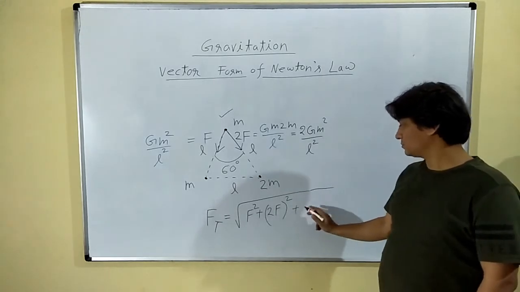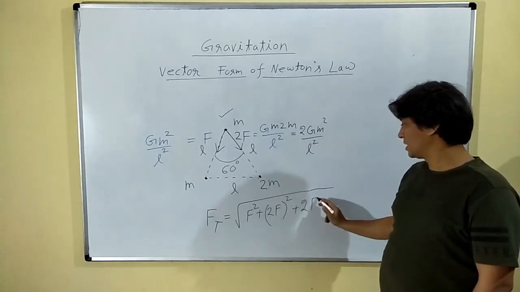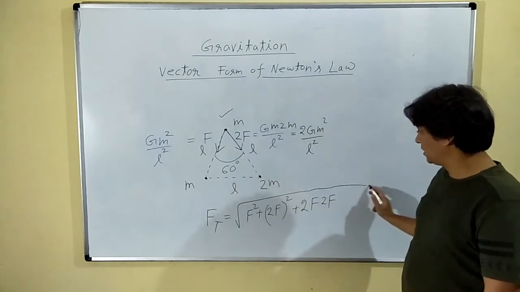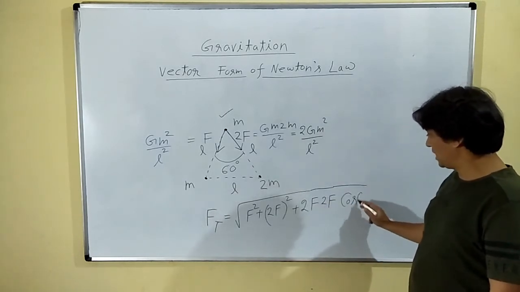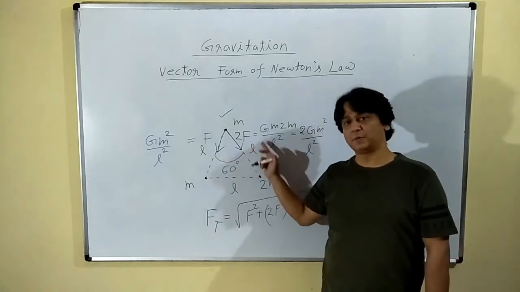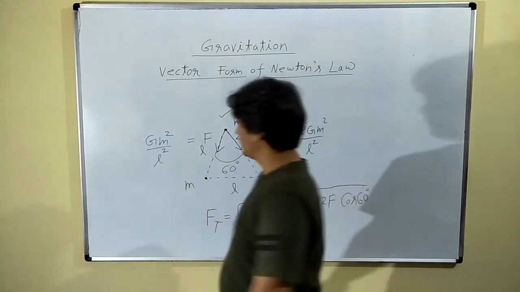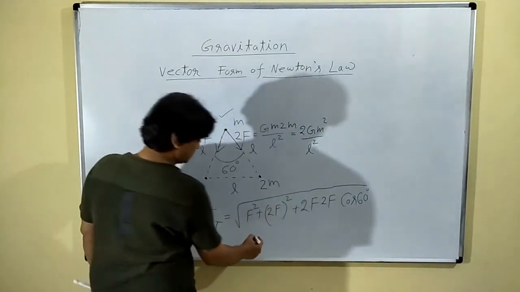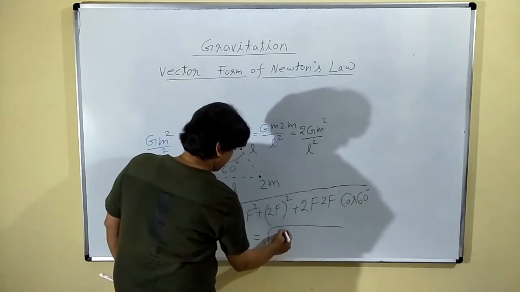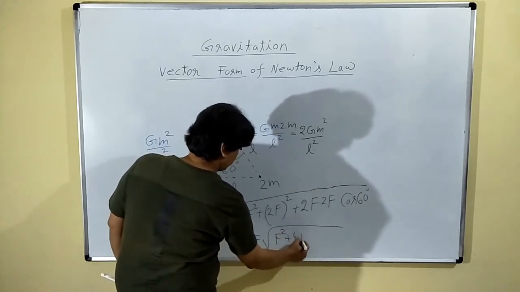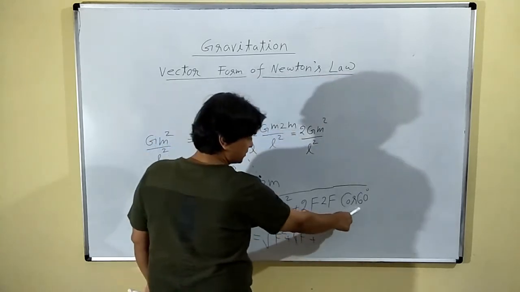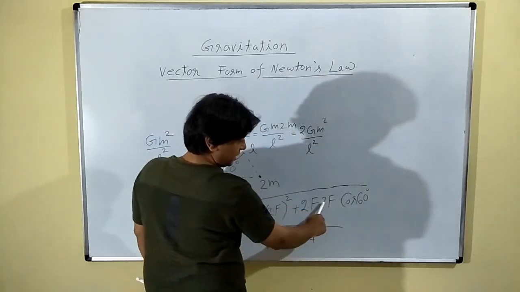plus 2F into 2F, कुछ हो जाए, इक्विलैटरल ट्राइंगल है इसलिए अभी भी एंगल दोनों वेक्टर्स के बीच का क्या बना हुआ है, 60 degrees. This gives us F total as F square plus 4F square cos 60, half cancelled.